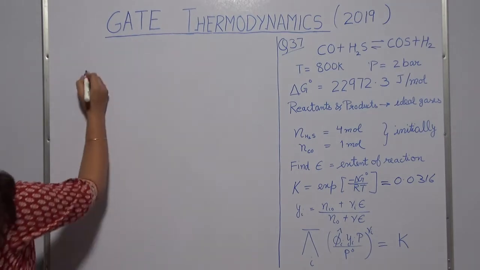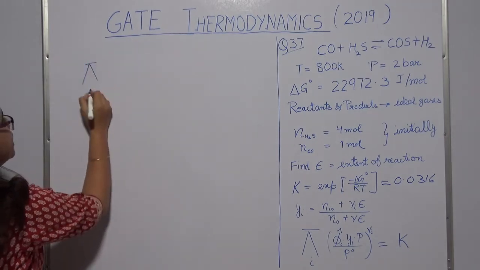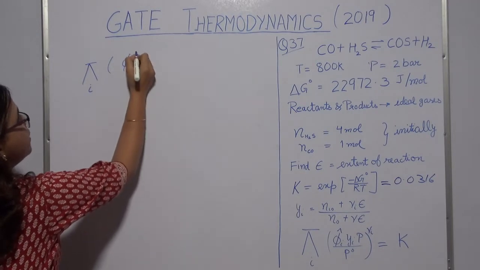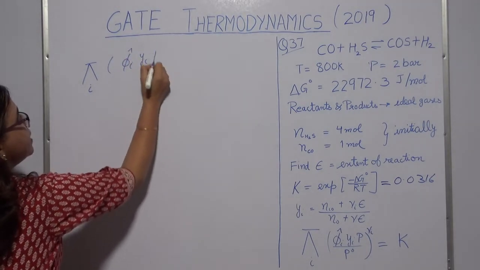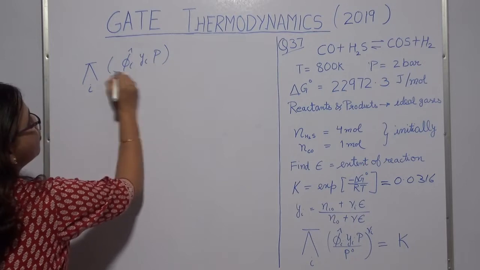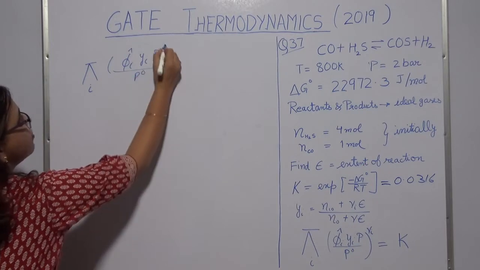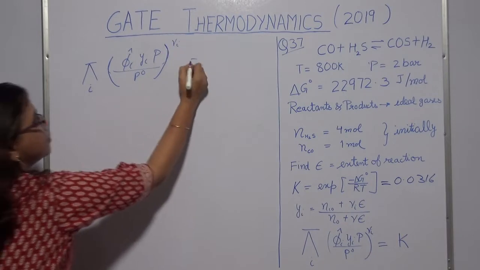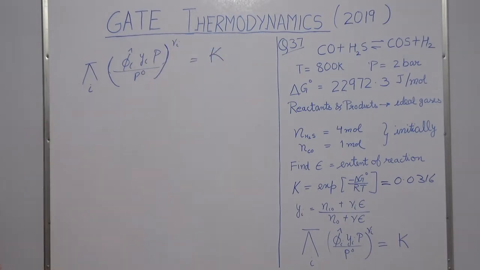Next we will go to this equation. For explanation's sake, I am going to write this equation again over here. So I have the product of phi_i cap, y_i, P upon P naught, everything raised to nu_i, equal to your K. K you have already calculated.